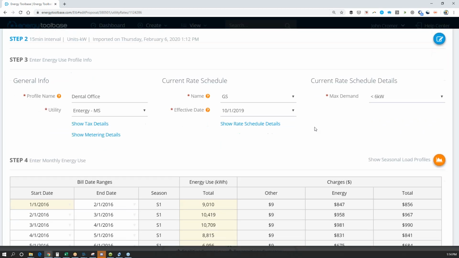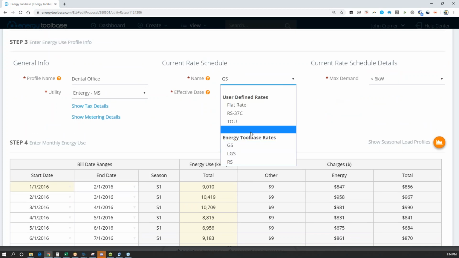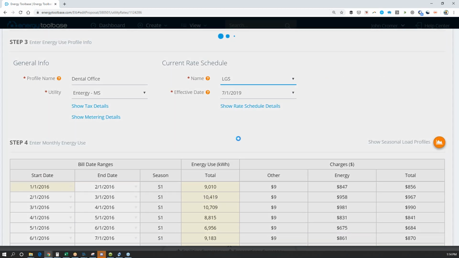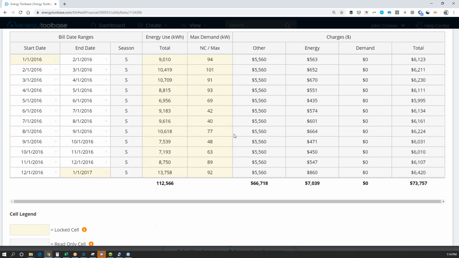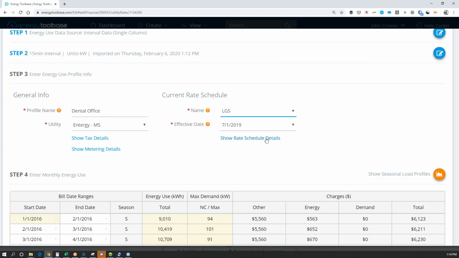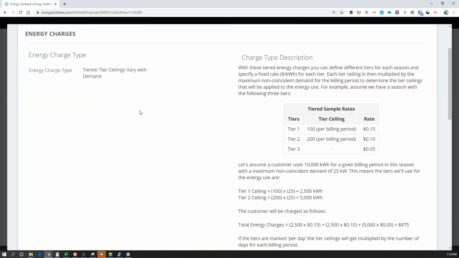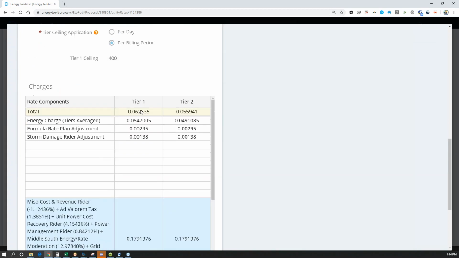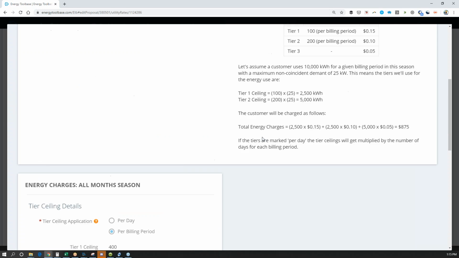And I guess the assumption is if you start getting out past those tiers, all of a sudden you're not going to be in the general rate service. You're going to be in the large general rate service. And so under this large general rate service, under the energy charges, instead of it being 14 or 15 cents a kilowatt hour, now tier 1 is 6 cents and tier 2 is 5.5 cents a kilowatt hour.